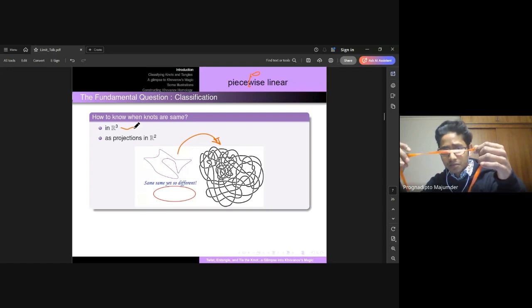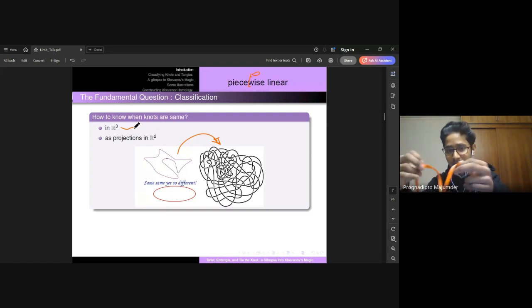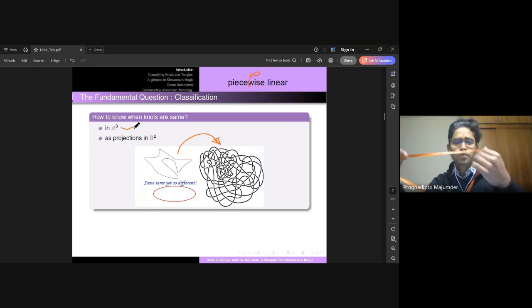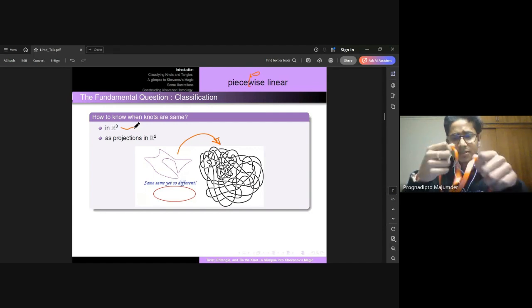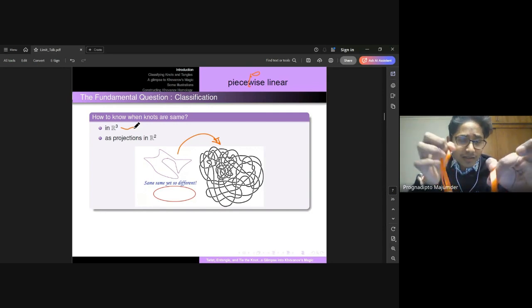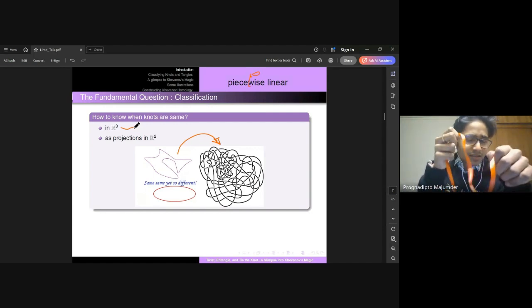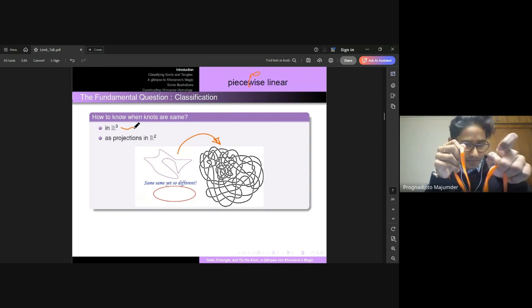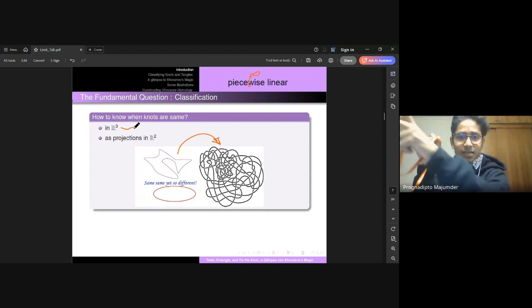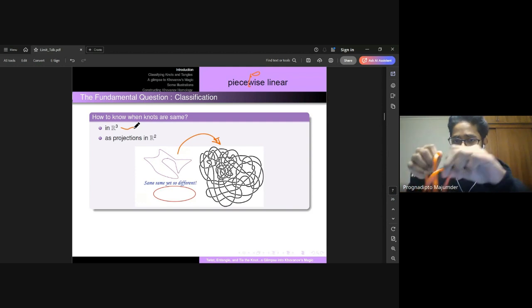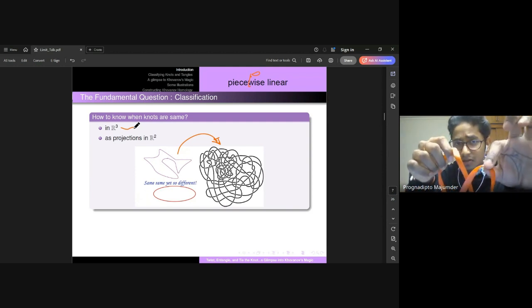Now you can see there are two types of movements. So this is a knot. I can wiggle it around in 3 dimensions. These are a lot of different descriptions of the same knot. Now, this is one knot. You are looking at it from one direction of the screen. You can see there is no crossing, right? Now, suppose the screen was turned in a different way and you look at it from this angle, you find there is a crossing.